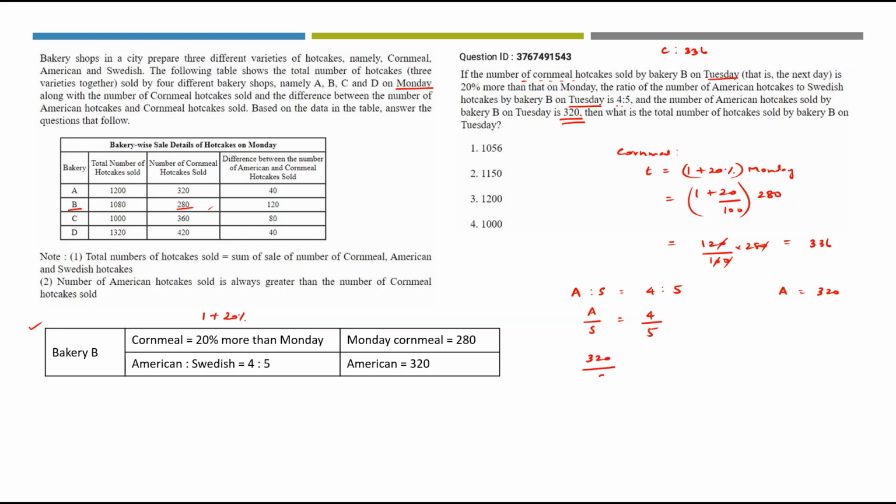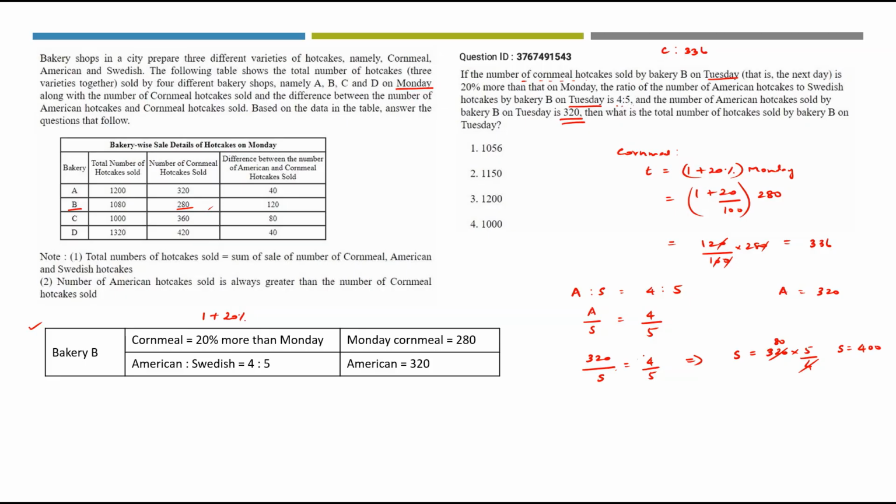So 320 divided by S is equal to 4 divided by 5. Now we have to find S. If we bring S to the numerator on this side, this 4 by 5 will become 5 by 4. So 320 into 5 divided by 4. Now if we cancel 4 and 320, we will get 80. So the Swedish number is given by 80 into 5, which is equal to 400.